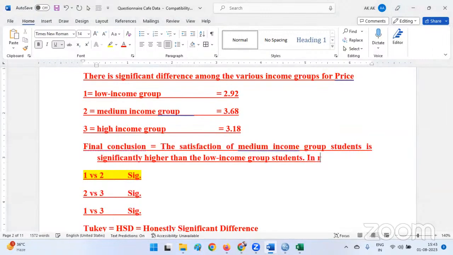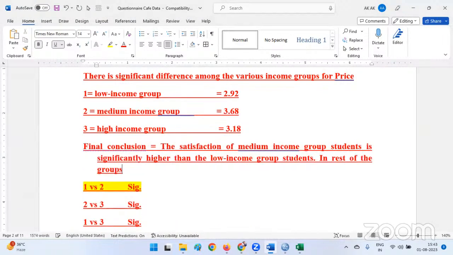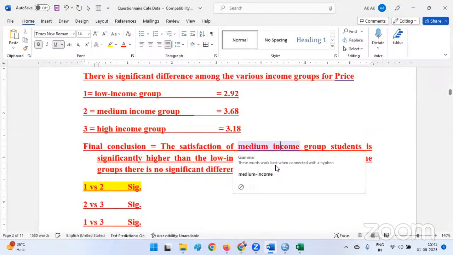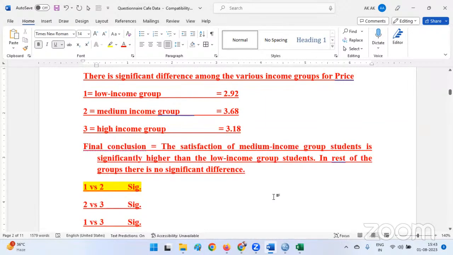In the rest of the groups, there is no significant difference. So the only significant difference is low income and medium income. Medium income are satisfied with the price, but low income are not satisfied with the price. With low income and high income, no difference. Medium and high, no difference.